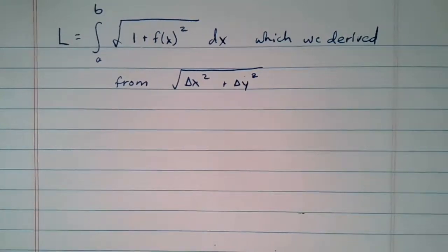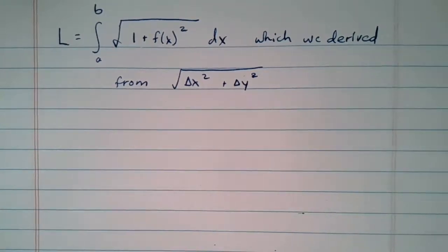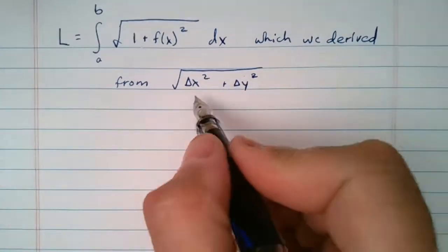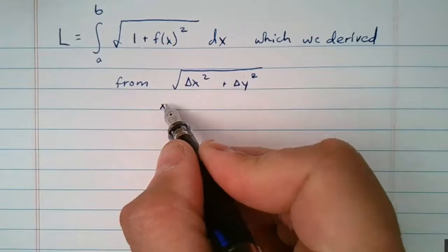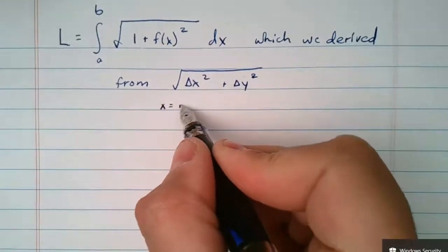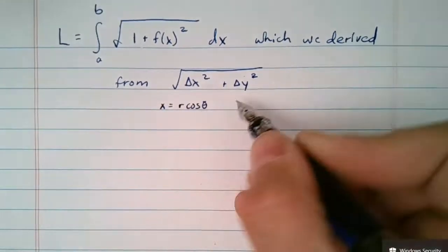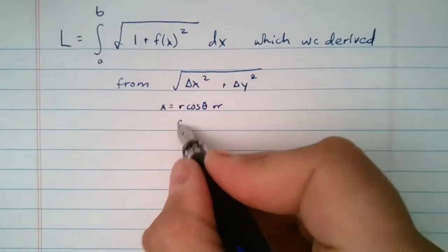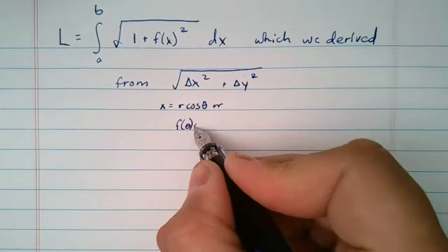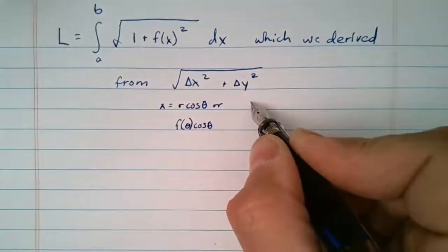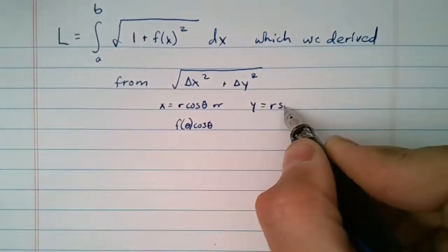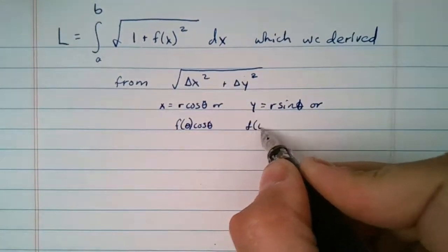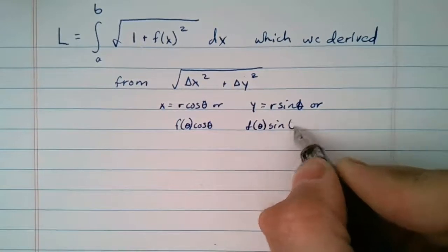So what I want to do is apply polar coordinates to this. Remember, x is equal to r cosine theta, or f of theta cosine theta, and y is equal to r sine theta, or f of theta sine theta.